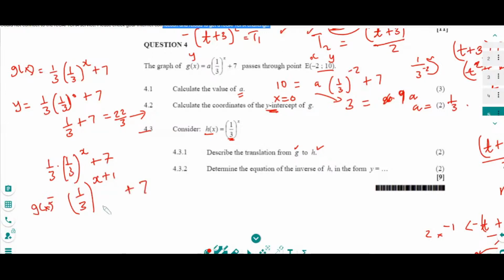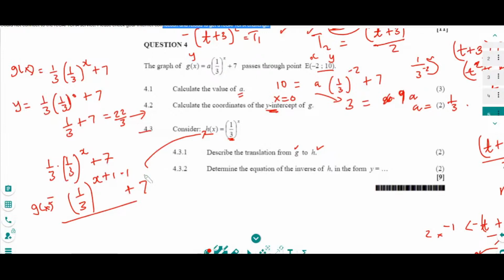So the question is, what did we do to this to get back to that? So in this new equation of ours, we don't have a 1, and then we don't have a 7. So which means this graph was moved. For us to eliminate this, there has to be a negative 1, which means there is a shift to the right.